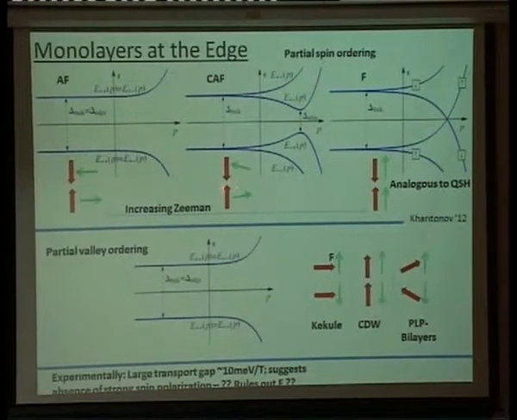But as you increase your spin polarization in the system towards the ferromagnetic state, in the limit where you fully align the spins, it turns out that the edge dispersion has this kind of quantum spin Hall flavor, and the conductivity should be 2 e squared over h. For the valley ordered states, it turns out that all types of valley ordering will always have a gap. And so this is the only state that would have a finite conductivity, even though you're at zero density.